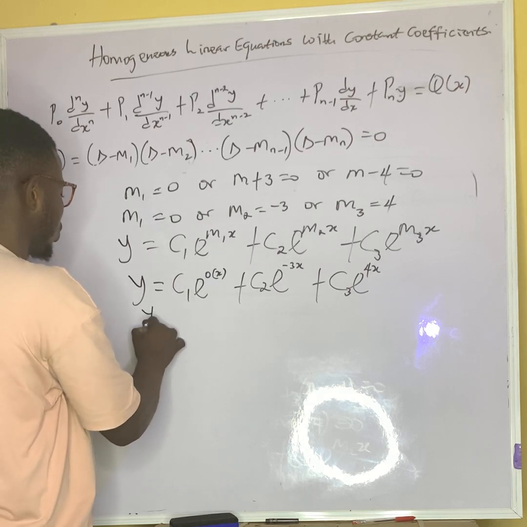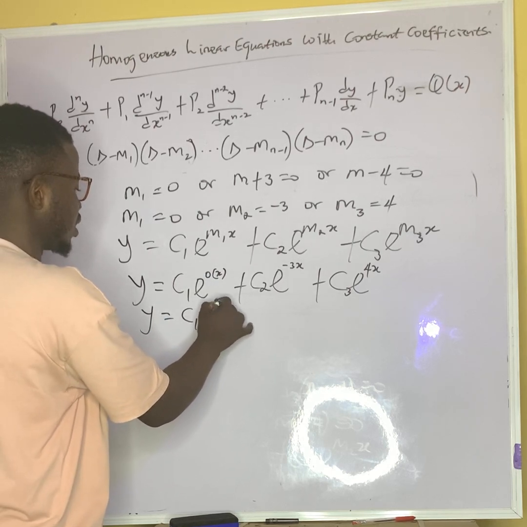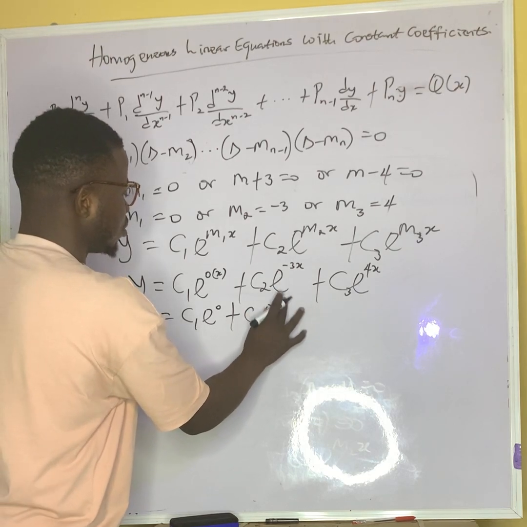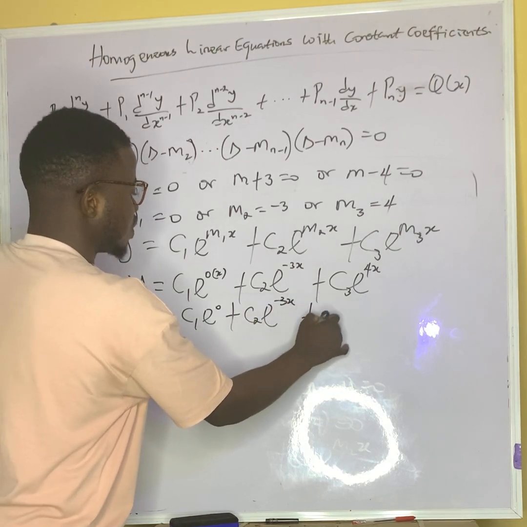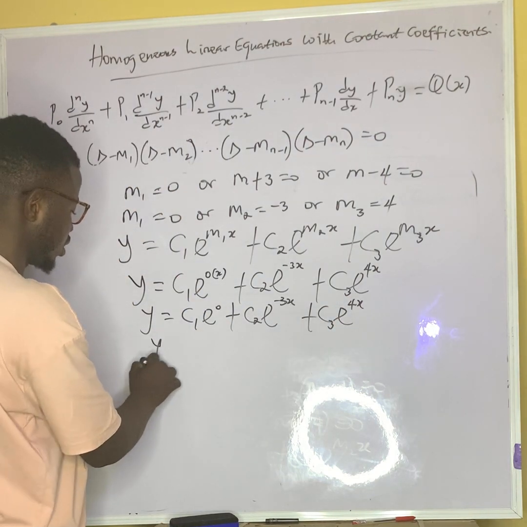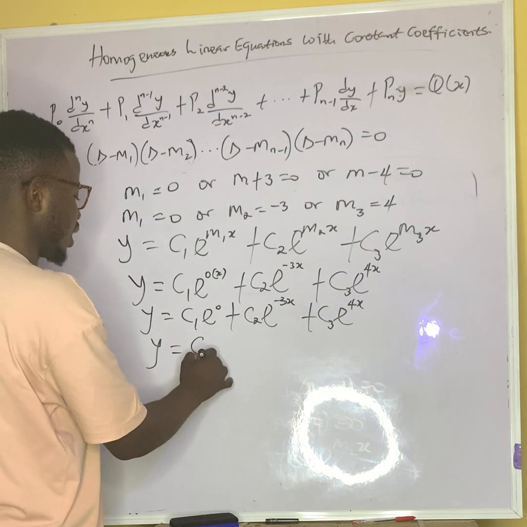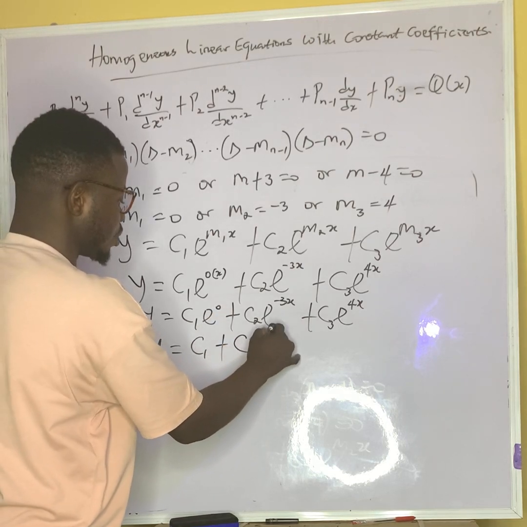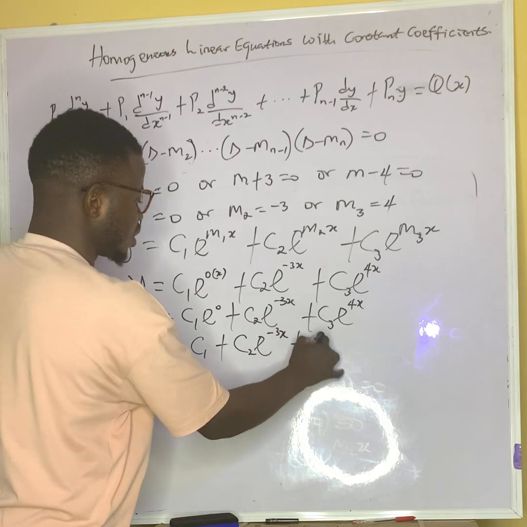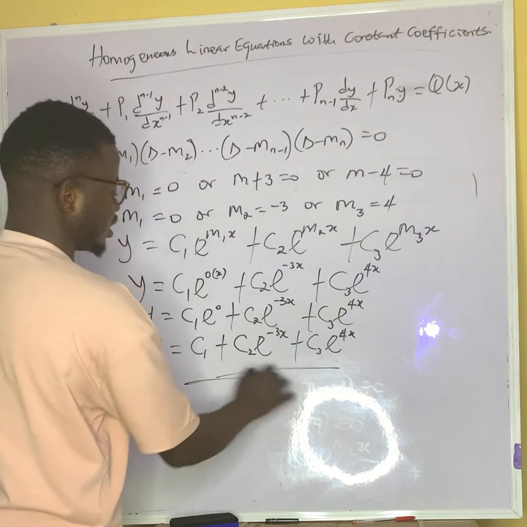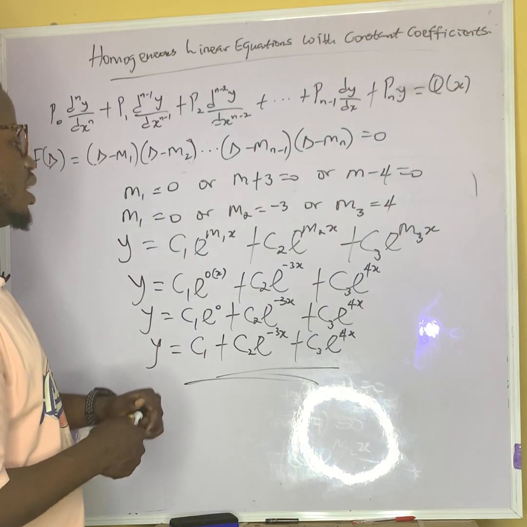So this will be y equals c1 exponential 0 plus c2 exponential minus 3x plus c3 exponential 4x. So from here, this implies that we have c1, anything to the power 0 is 1, so that one is gone. c2 exponential minus 3x plus c3 exponential 4x. So that is the primitive of that differential equation.